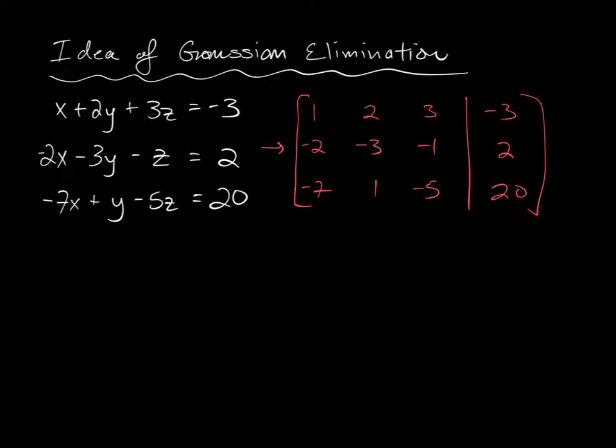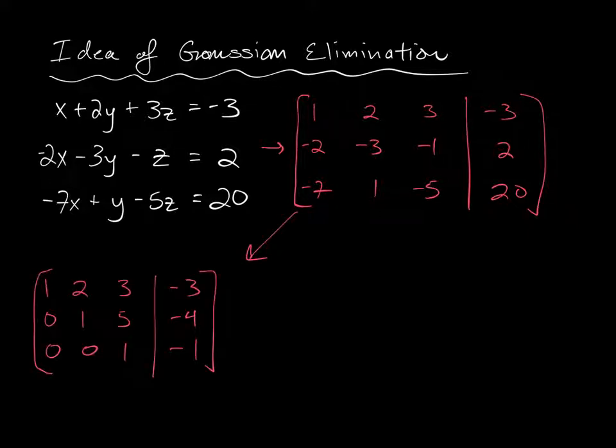And what we will do is some math operations within this matrix to get a matrix that will look something like this. Then from here, we can rewrite this matrix back as some equations. That would be x plus 2y plus 3z equals negative 3.